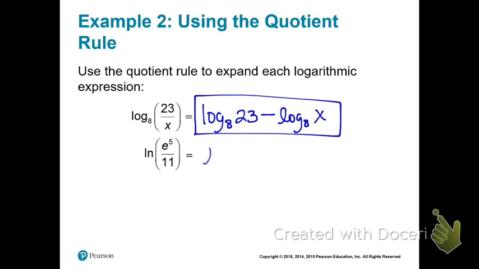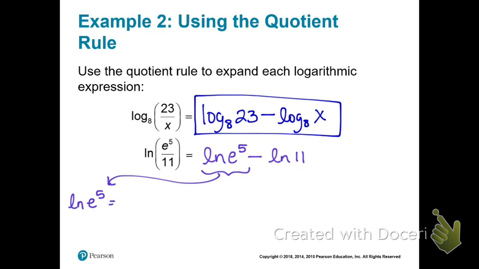The next one, so we're going to take the natural log of the numerator minus, because it's being divided, natural log of the denominator. Now I can't do anything with the natural log of 11, but we know natural log has a base of e, and this first one has an e in it. So I'm going to come over here to the side and see if I can work this one out. So natural log of e to the 5th, well, we said equal to y. Natural log is the same thing as log base e.